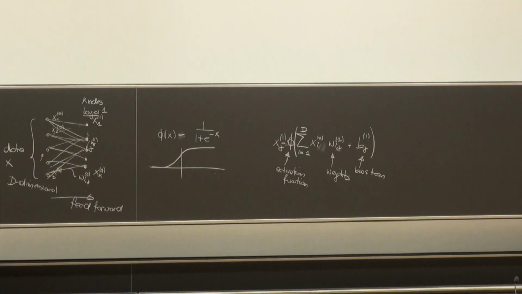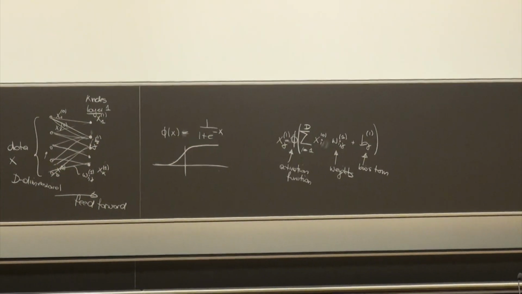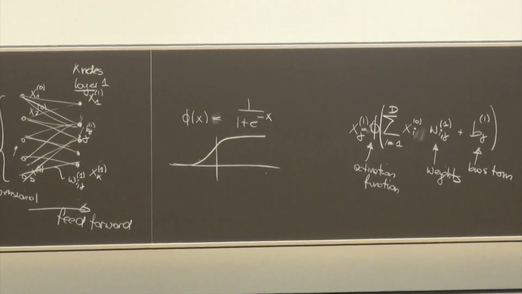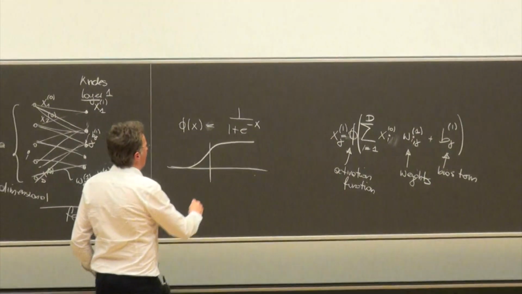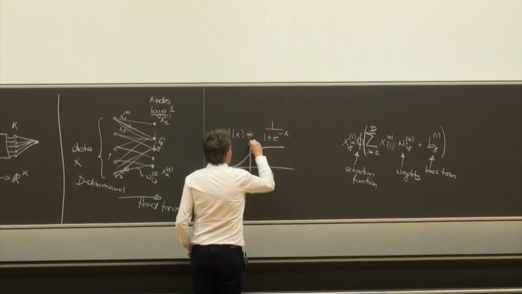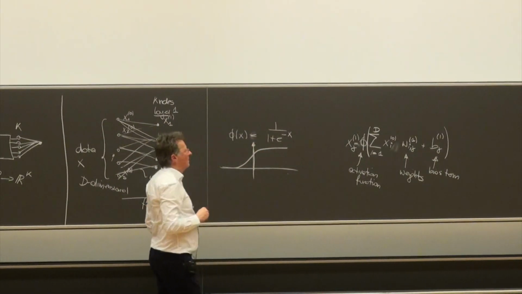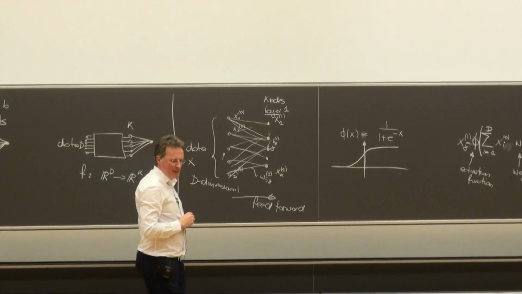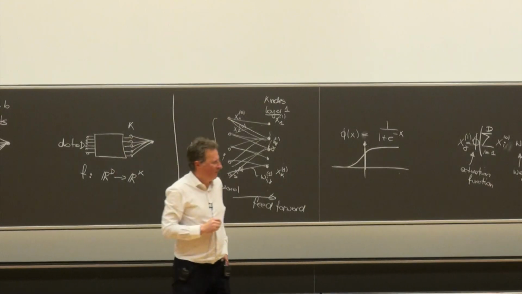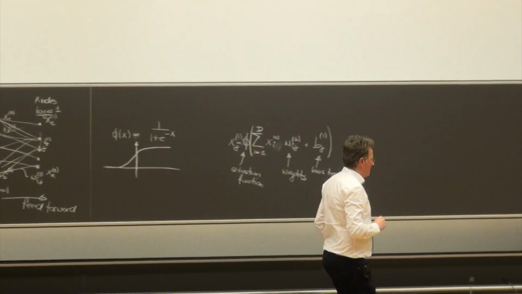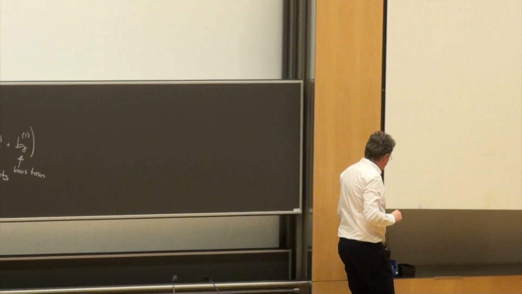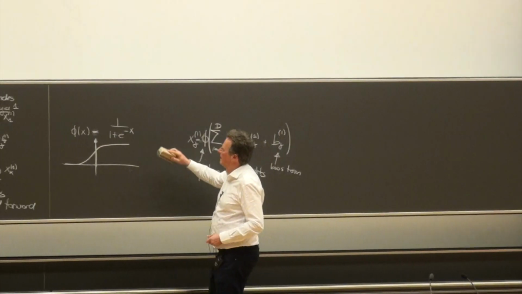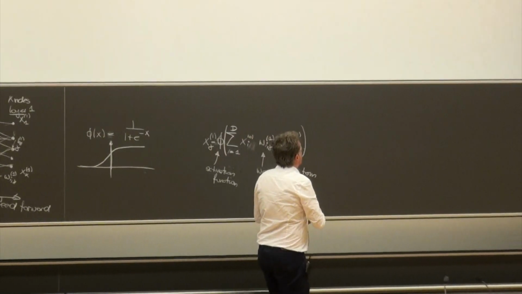There are many other activation functions I can pick, and we'll talk about the various choices and the advantages and disadvantages of these choices at length later on. Good, so now this is just the first layer, so now we go on.